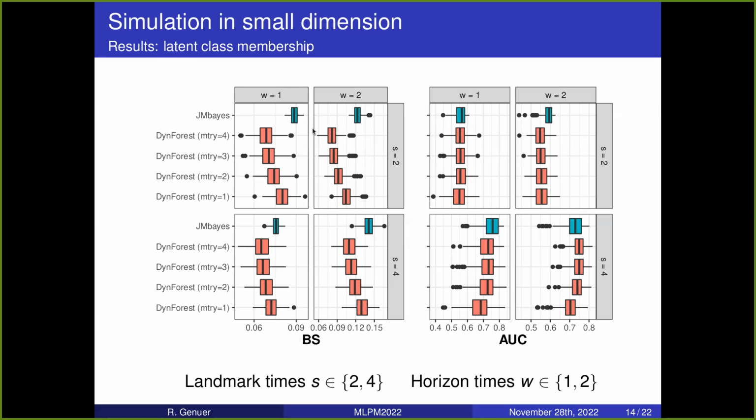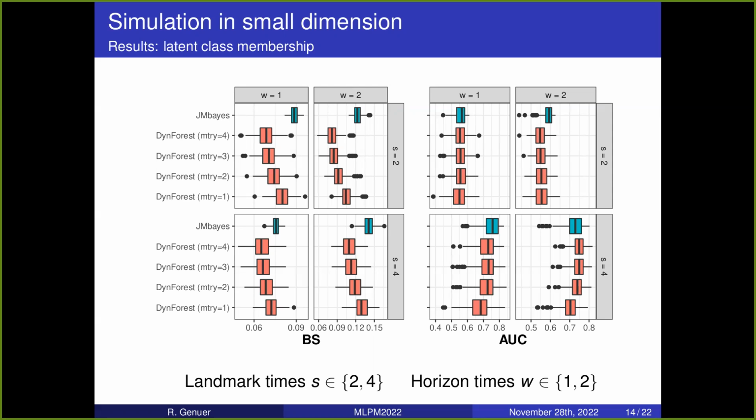You have quite a large gain here for DynForest compared to JMbayes in terms of Brier score, not so much in terms of AUC. And maybe I have to insist on the fact that here JMbayes is misspecified because we do not assume a linear link between the probability of event and the predictors.